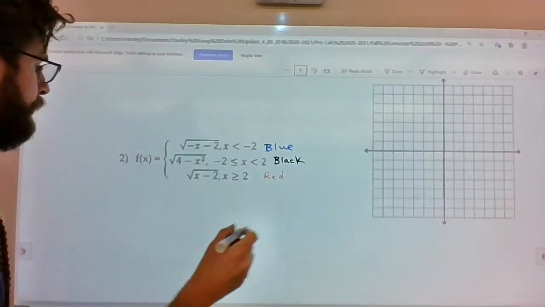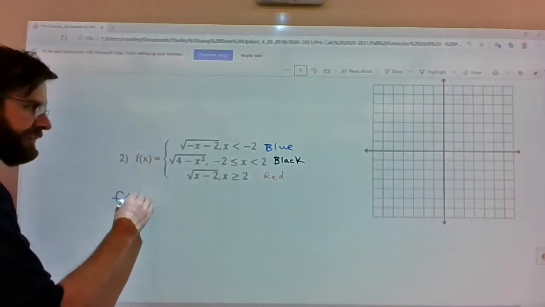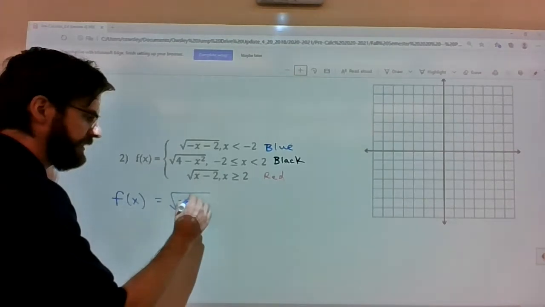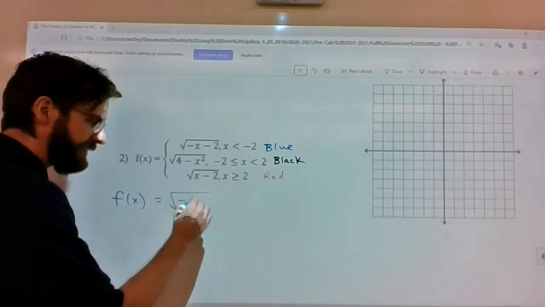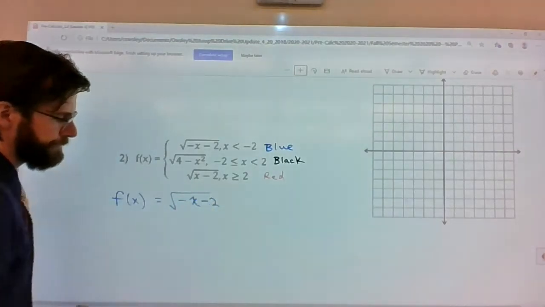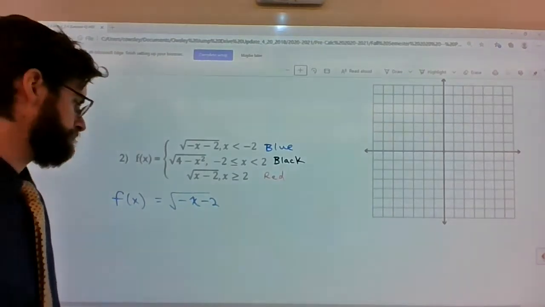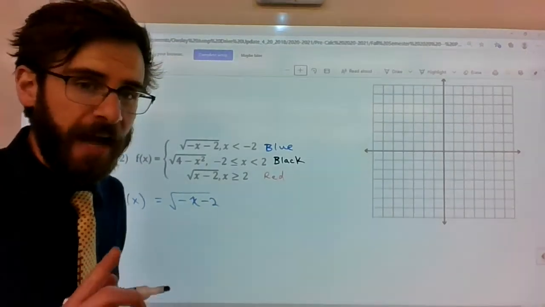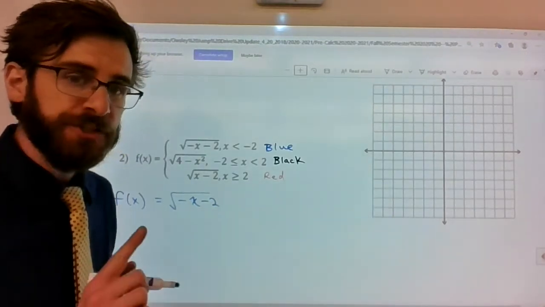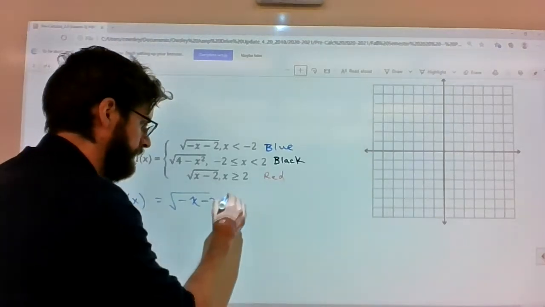So the blue square root function is f of x equals root of negative x minus 2. So here's a trick that you have to use when you graph square root functions.